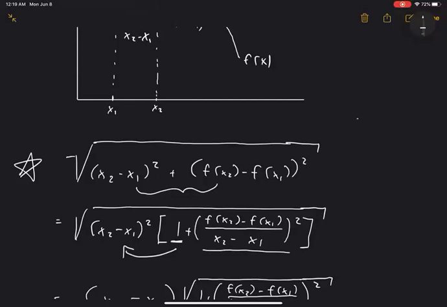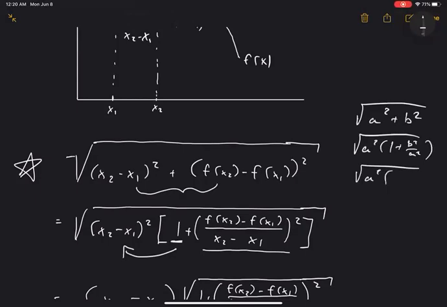Maybe it'll help to see what I started with: a squared plus b squared. I factor out the a squared, and that gives me 1 plus b squared over a squared, which is the same thing as b over a squared. That's what we've done.